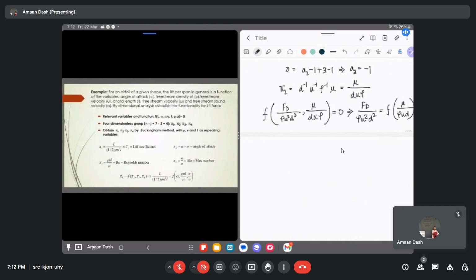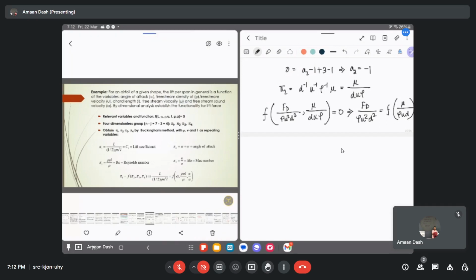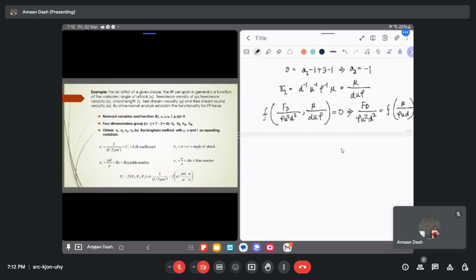Similarly, you can try this next question. So this can also be solved similarly.